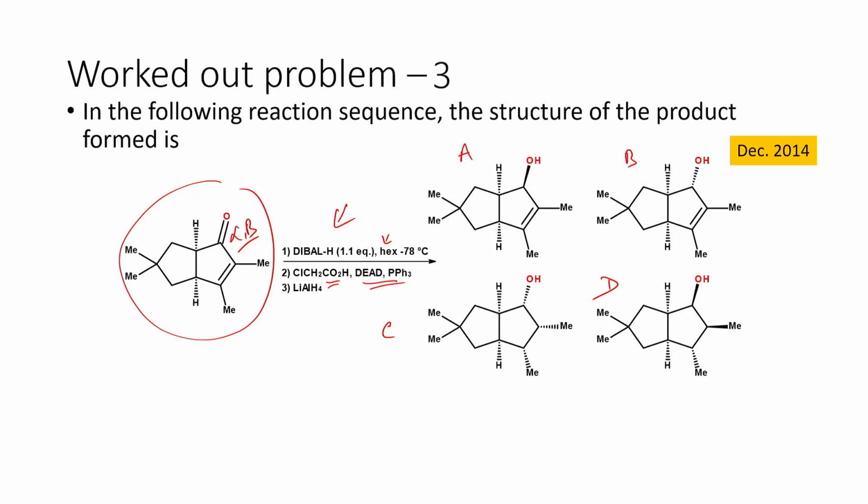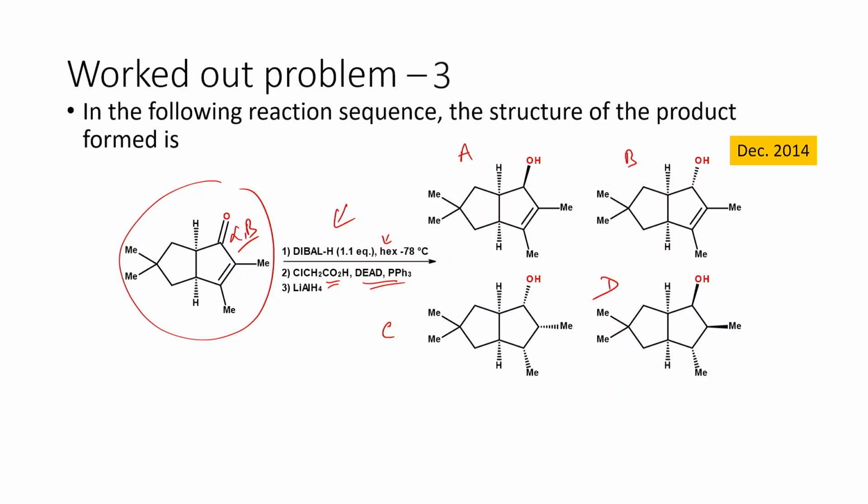So the first one, DIBAL-H, will reduce carbonyl systems, esters to aldehydes or alcohols. So basically DIBAL-H is nothing but a reducing agent. That is point number 1. Point 2, chloroacetic acid in the presence of DEAD and triphenyl phosphine. This DEAD is nothing but diethyl azodicarboxylate. That reagent in the presence of triphenyl phosphine is used for the Mitsunobu reaction.